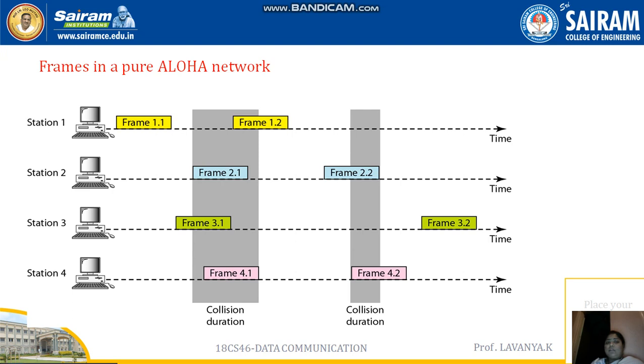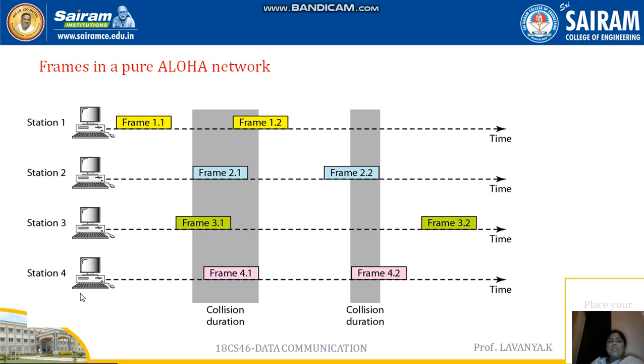I told you that the pure Aloha network is basically designed for radio wireless LAN. With the help of a LAN connection, we are going to design this Aloha network. Look at the diagram here: it contains four stations, station 1, station 2, 3, 4, and so on.